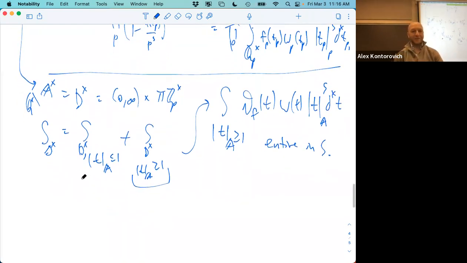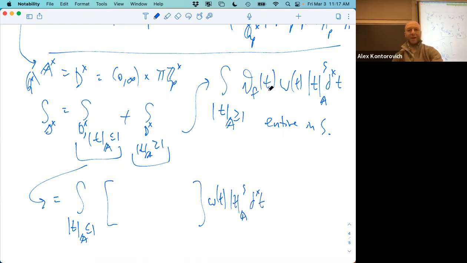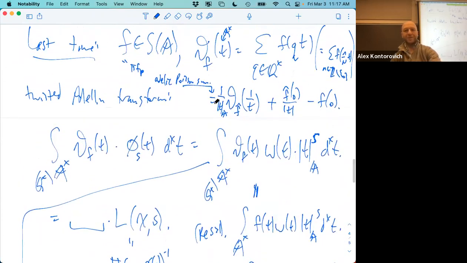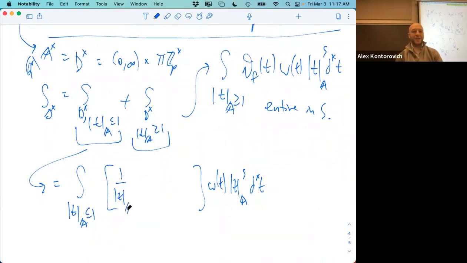When T is less than 1, we're going to do the same thing as before. We have the theta series times omega of T times adelic T to the S d star T, except now I'll use the functional equation. Theta is 1 over absolute value of T, theta F hat of 1 over T, and then the rest of the stuff.